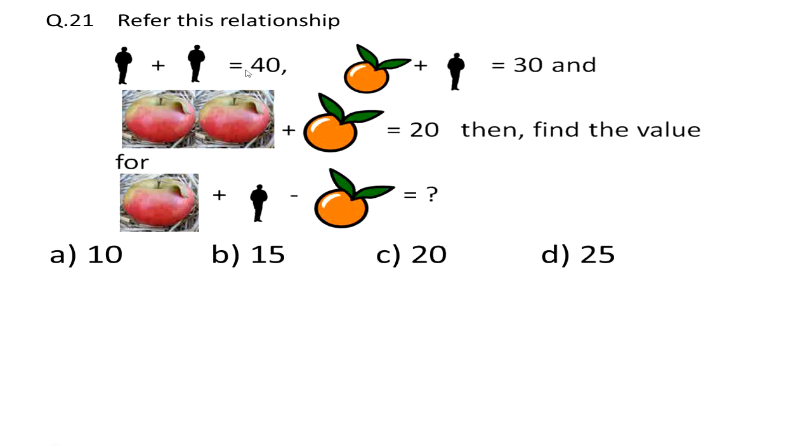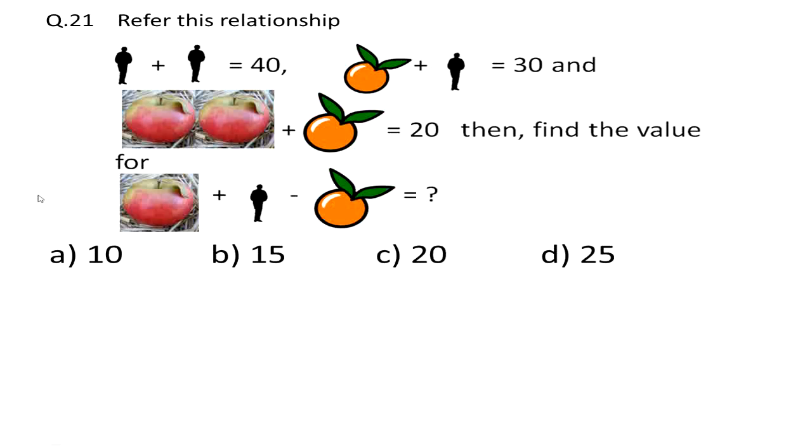It means we have to think on it: 40 is the outcome of two equal things. Orange plus man is equal to 30. Then 2 apples plus 1 orange is equal to 20. Then find the value for 1 apple plus 1 person minus 1 orange.